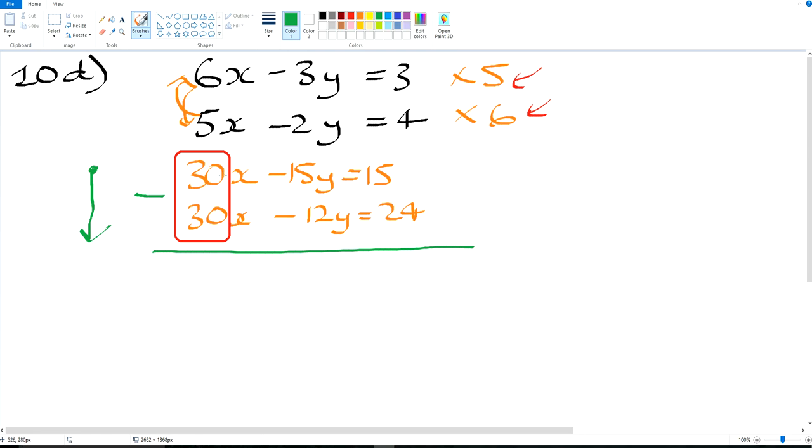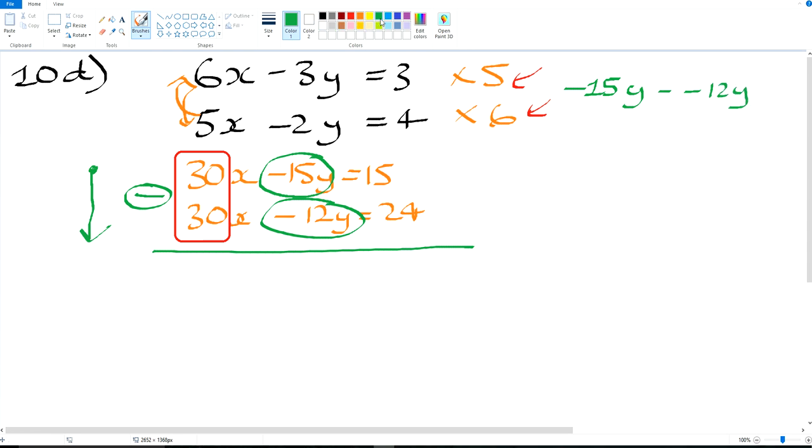So if you do 30x minus 30x, that'll give us 0x, but we don't normally write 0x. We don't write down 0x, we just leave it as blank. Now we have minus 15y minus minus 12y. Let's write that down on the side so we can look at that more carefully. Minus 15y minus minus 12y.